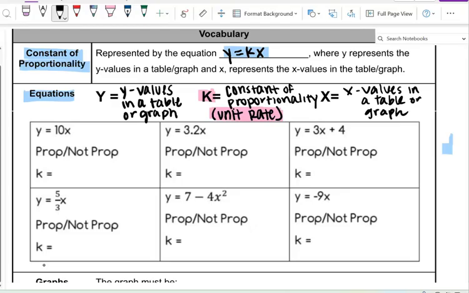So again, if we had a point on a graph, those x values in our equation, when we multiply that by our k value, because we know that this actually means we are multiplying, that looks like a subtraction and it is not. We're multiplying them. And when we multiply that x value times our unit rate, we get our y value.